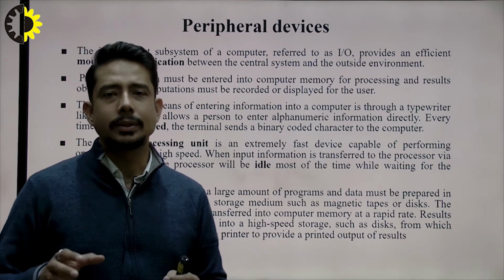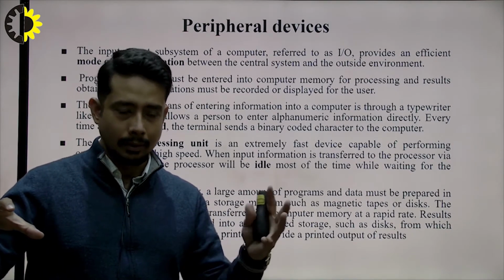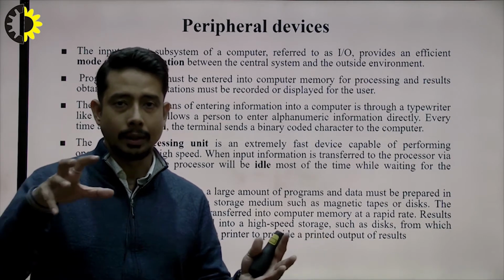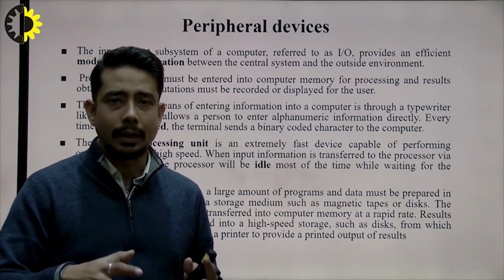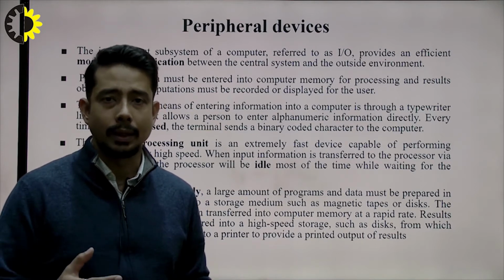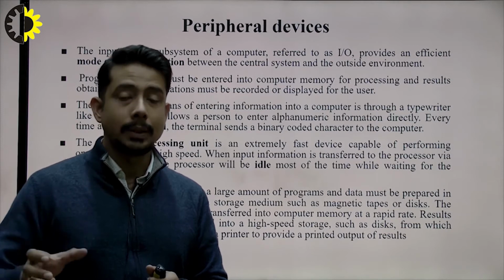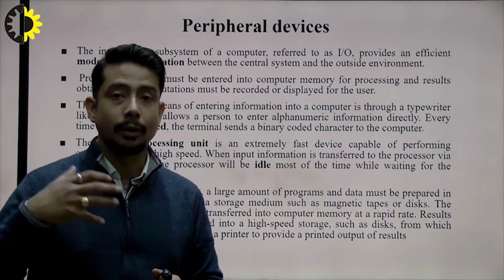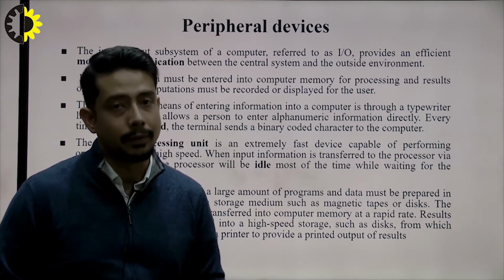It generally connects with the memory and the central processing unit, and then whatever data transfer or work with the data through input output is done. But there should be some devices which operate these functionalities, and those devices are nothing but peripheral devices.